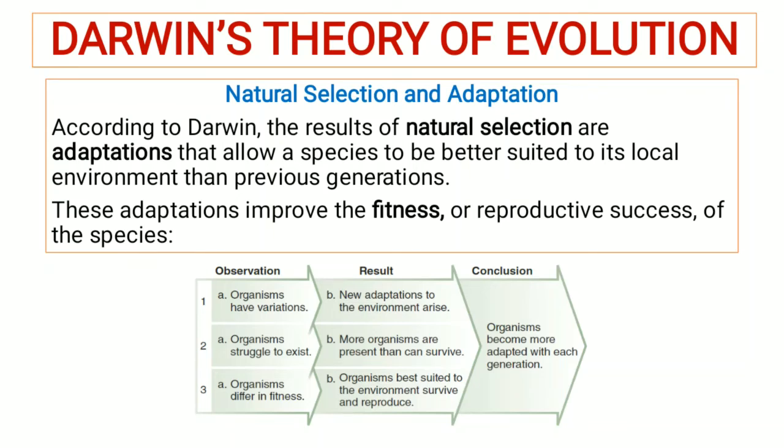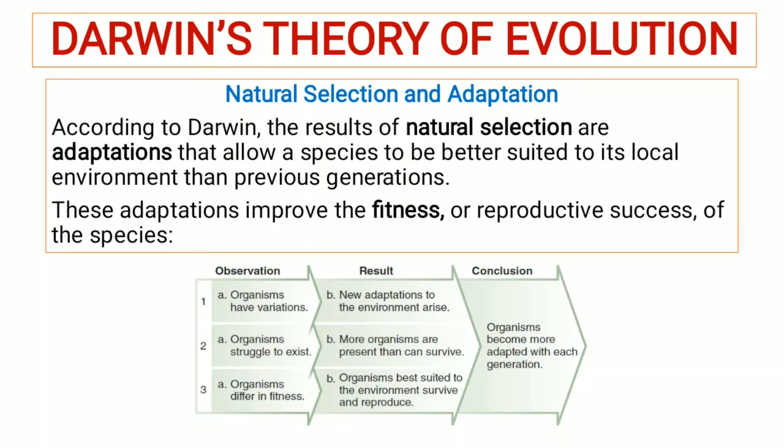It means that more organisms are present than can survive. The population size increases without limit while resources are limited. So there are more organisms than can survive at that particular location.